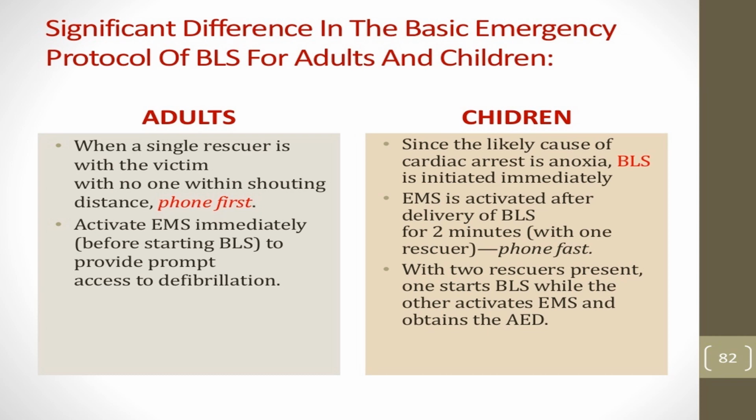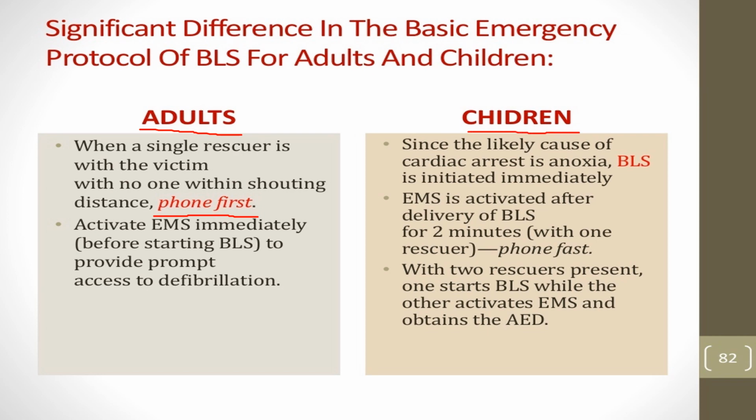There is a significant difference in the basic emergency protocol of BLS for adults and children. Adults: when a single rescuer is with the victim with no one within shouting distance, phone first. Activate EMS immediately, before starting BLS, to provide prompt access to defibrillation.